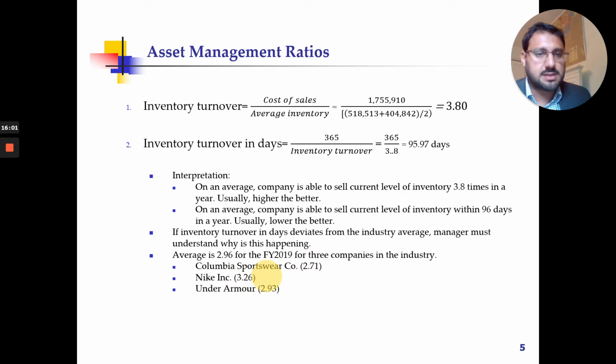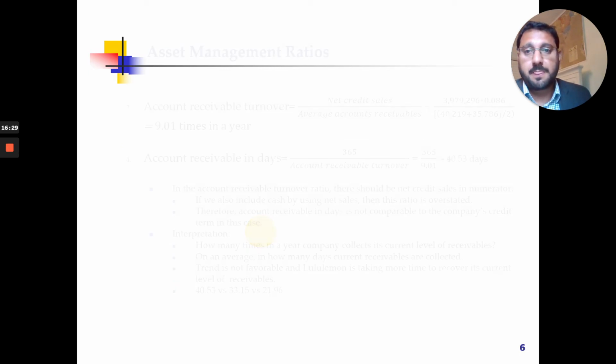Nike is 3.26 times, lower than Lululemon, and Under Armour is 2.93 times. The average of these three companies in the industry is 2.96, showing that Lululemon is doing a good job by selling its current level of inventories more times in a year, which is 3.8 times.